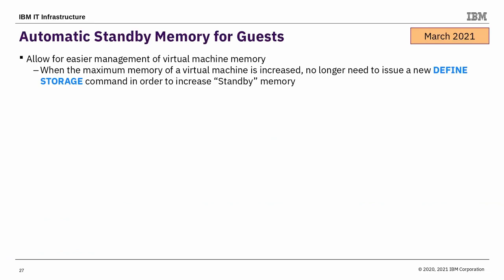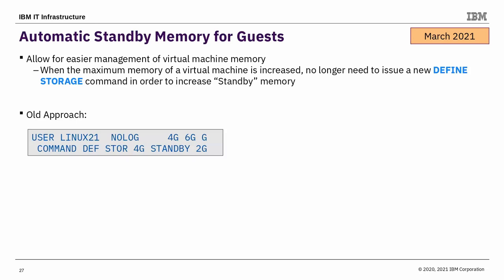Automatic standby memory for guests. This is nice. It's relatively simple, but it's one of those gotchas that seem to hit quite often. So if you're familiar with the idea of having standby storage in a guest, we have a guest here where its default storage as it powers on is 4 gig, but the maximum that you're allowed is 6 gig.